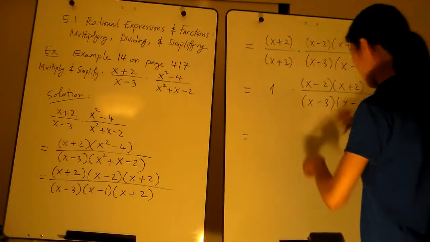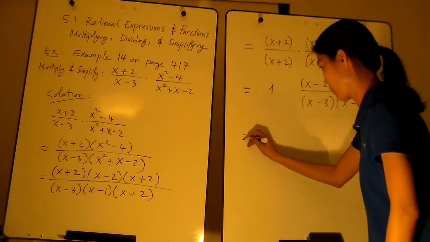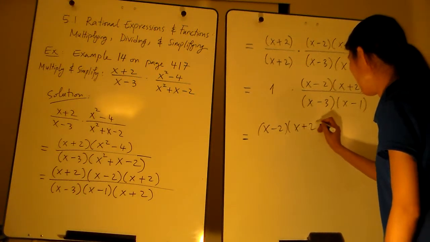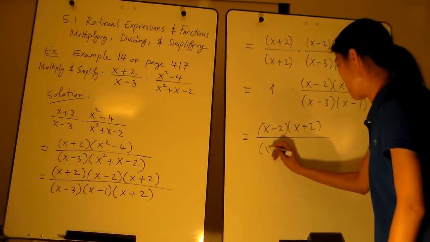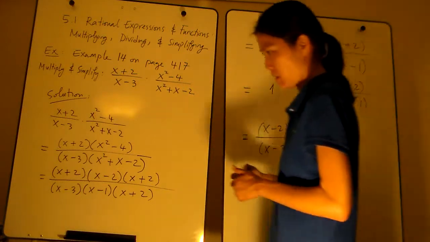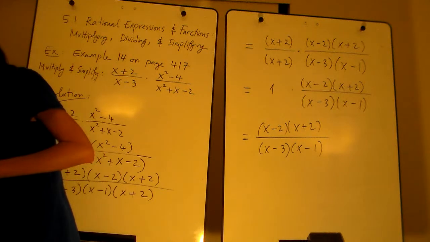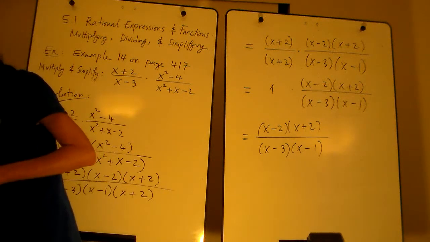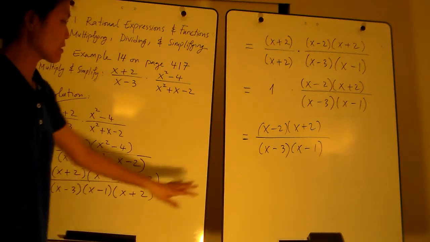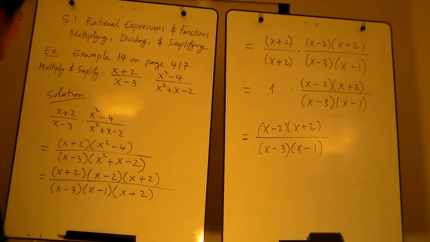This rational expression is this rational expression times x plus 2 divided by x minus 3 times x minus 1. Okay, and this one, example 14. Now, it looks like this is it. That's all you can do. And this is the answer for example 14 on page 417.